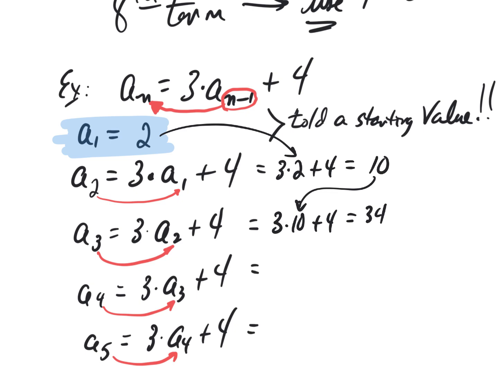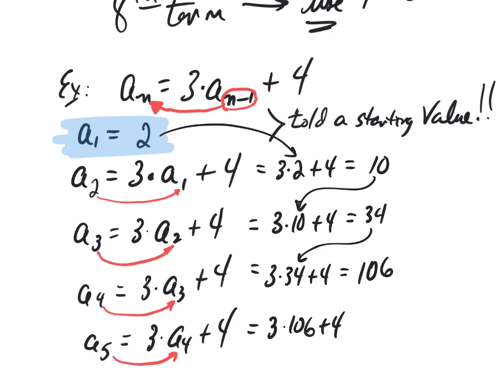To get to the fourth term, we multiply 3 times the third term plus 4. But we now know what the third term is. So I can multiply it, and I'm going to use my calculator to make sure I don't screw that up. 3 times 34 plus 4 is 106. And finally, to get to the fifth term, we have to multiply 3 times the fourth term and add 4. So 3 times 106 plus 4 is 322.